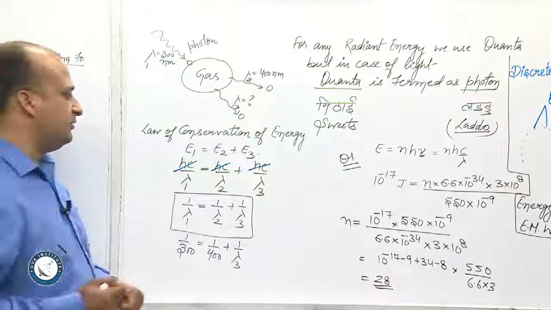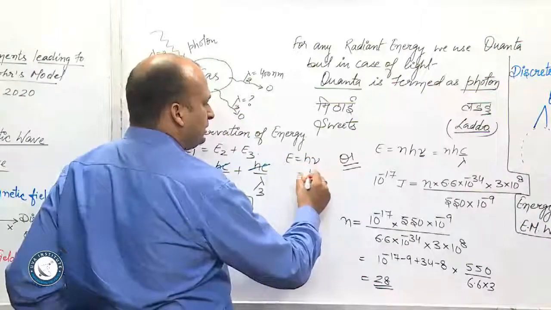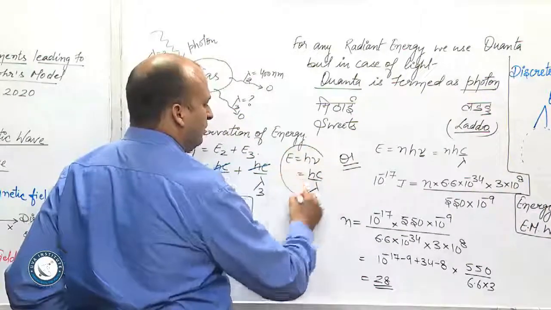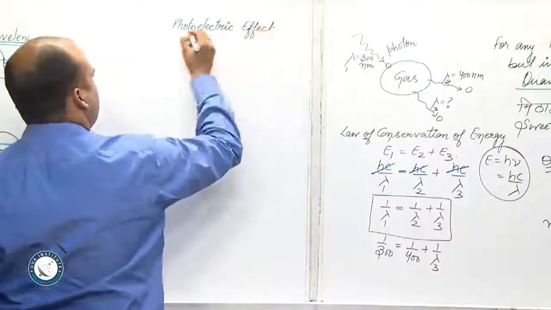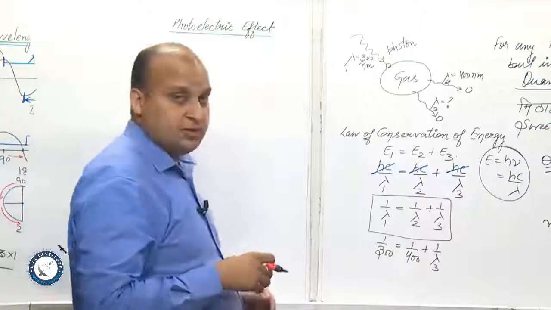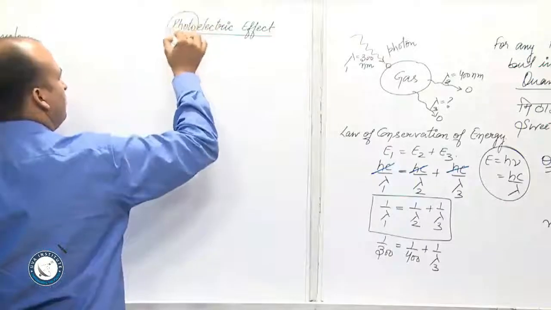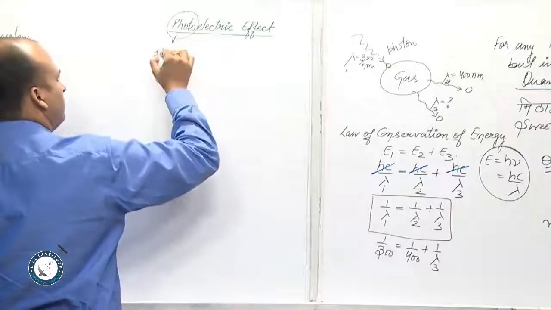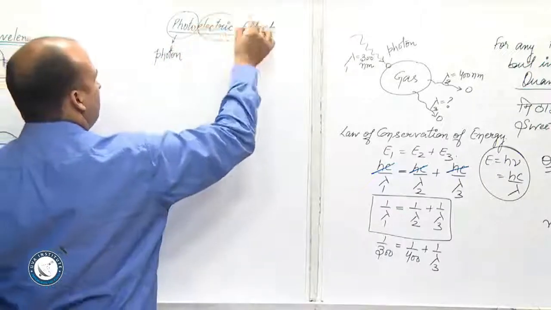Beta, energy is given as E is equal to hν or hc by lambda. That is why we are writing it like this. Okay. Now what does photoelectric effect mean? Photo, now you know a photon. Electric, you know.